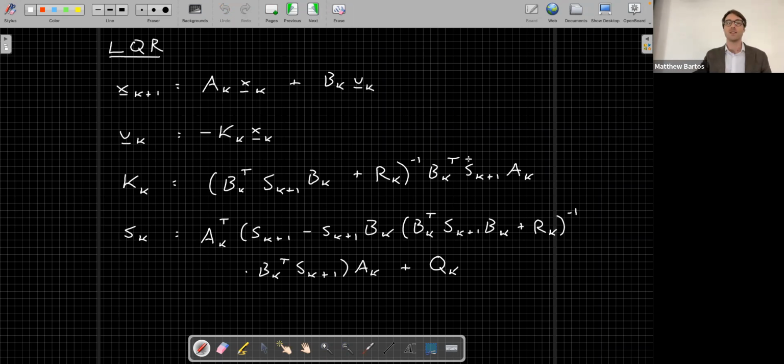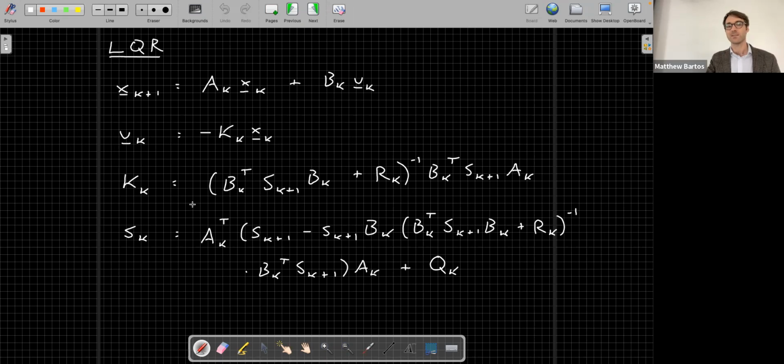But essentially, at each time step, it turns out that the optimal control input is given by the following feedback law. This is for the generic time varying case where A and B can be time varying. Sorry, the optimal control input is given by this feedback law, where we define the gain as follows.